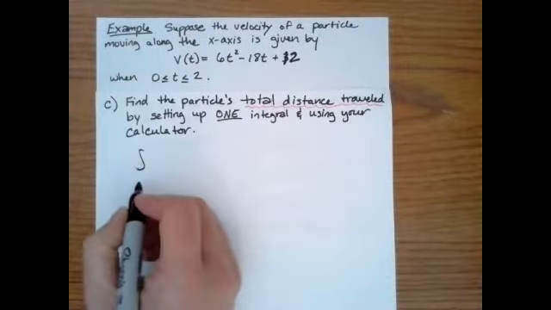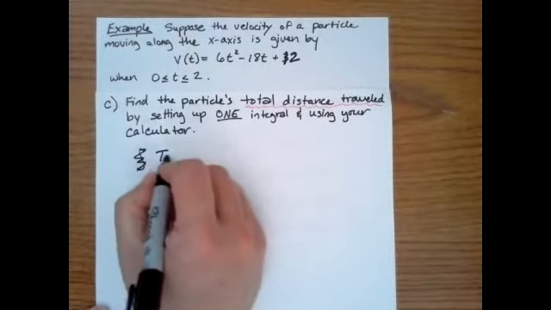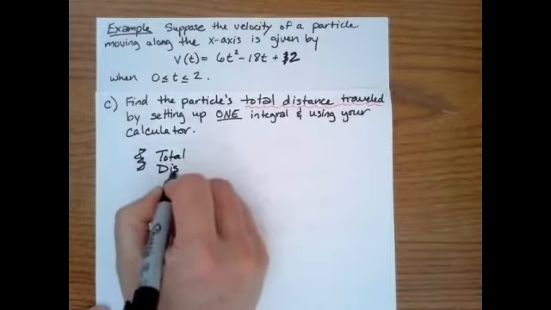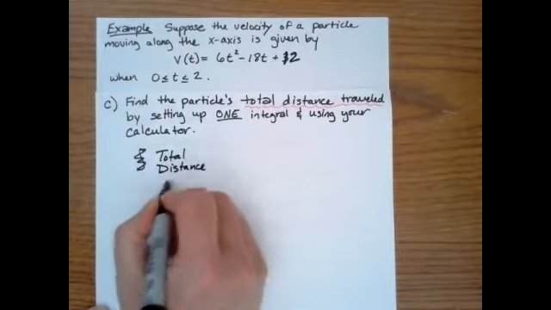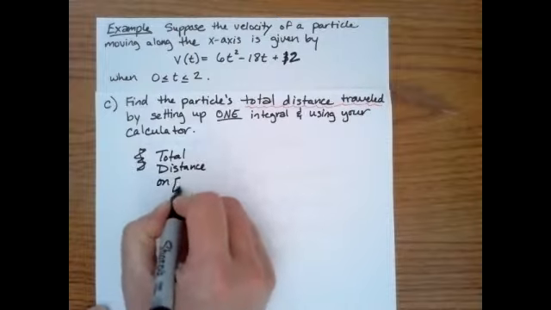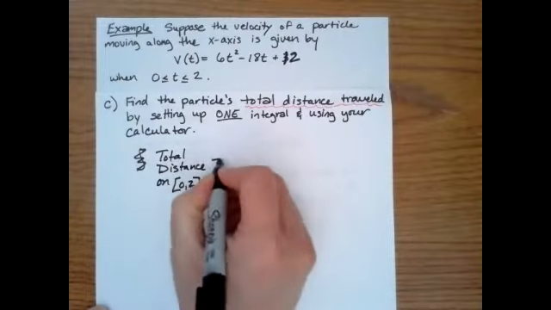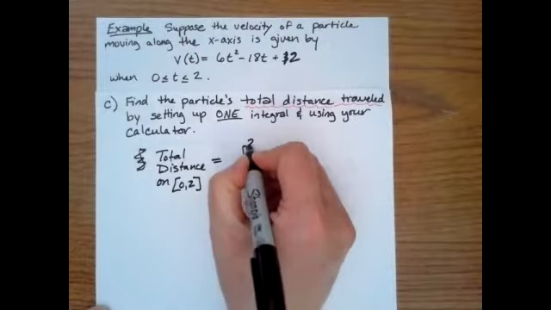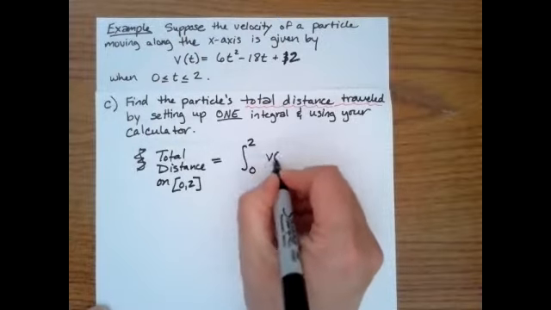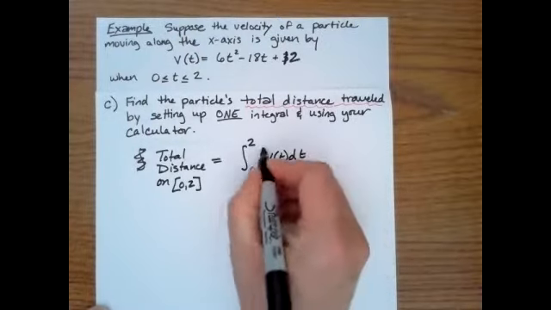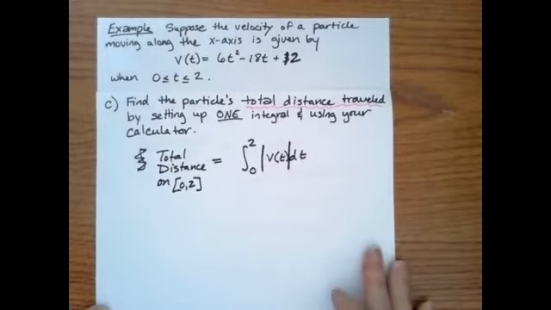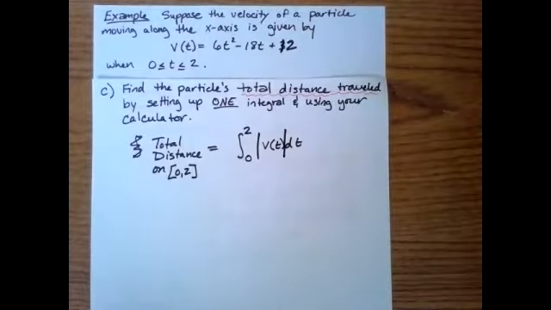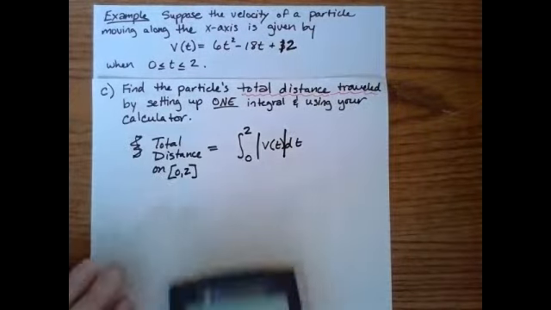So total distance traveled on the interval 0 to 2 still is going to be the integral from 0 to 2 of speed. So it's not velocity, even though velocity is involved, it's the absolute value of velocity. So we put an absolute value on this. That's the integral setup. The rest of this I'm going to use my calculator for.